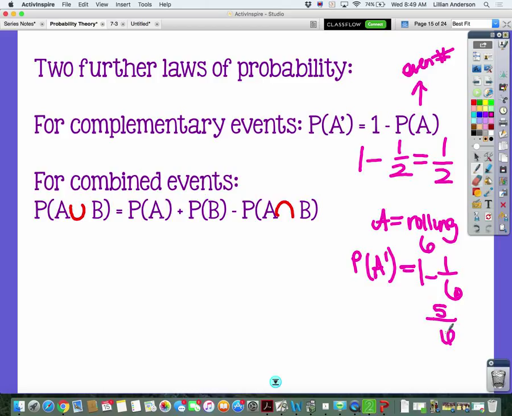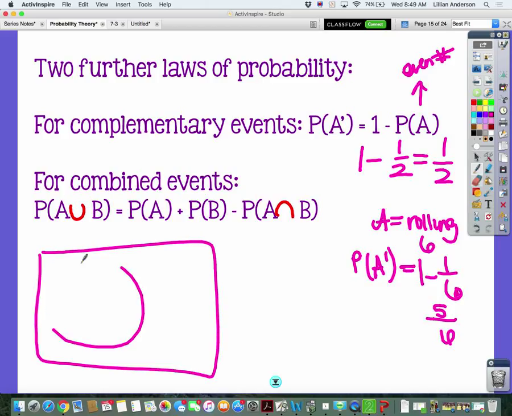So the last one, combined events, is a formula, a law that can help when you're looking at Venn diagrams, looking at unions and things. The probability of A union B is the probability of A plus the probability of B minus the intersection.